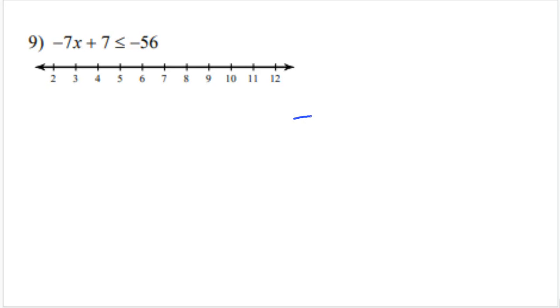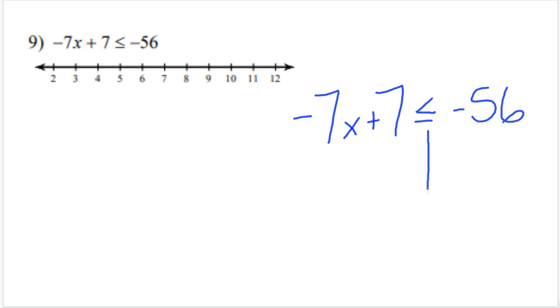This one says negative 7x plus 7 is less than or equal to negative 56. Remember, I'm going to box this off because I'm going to leave it for last.